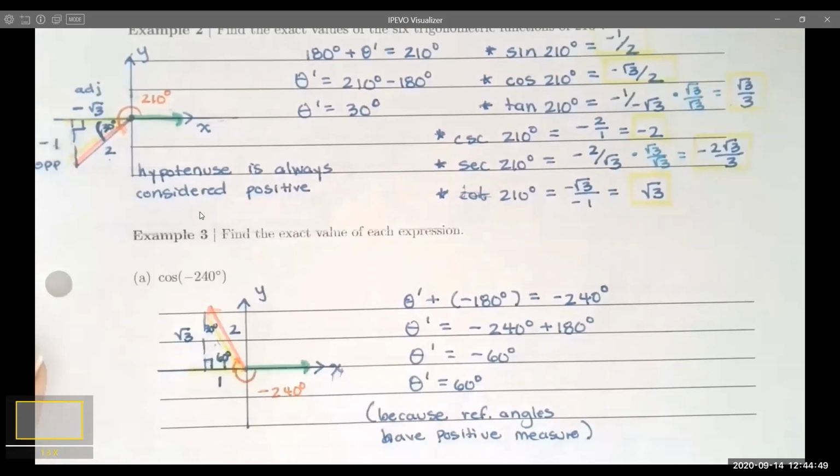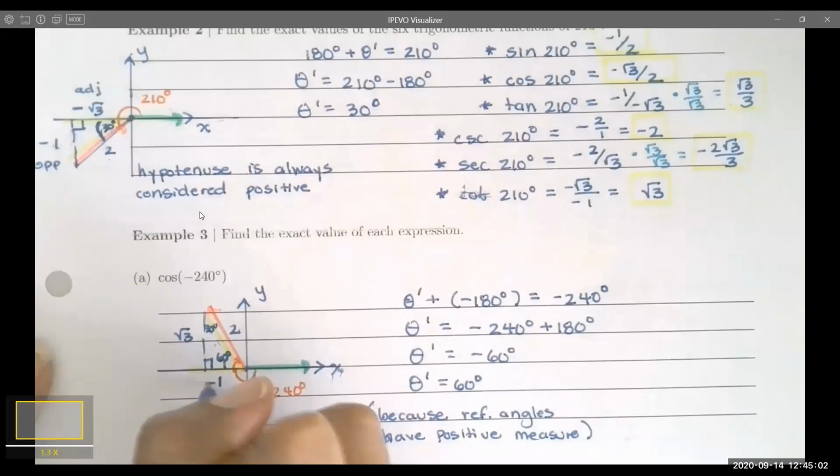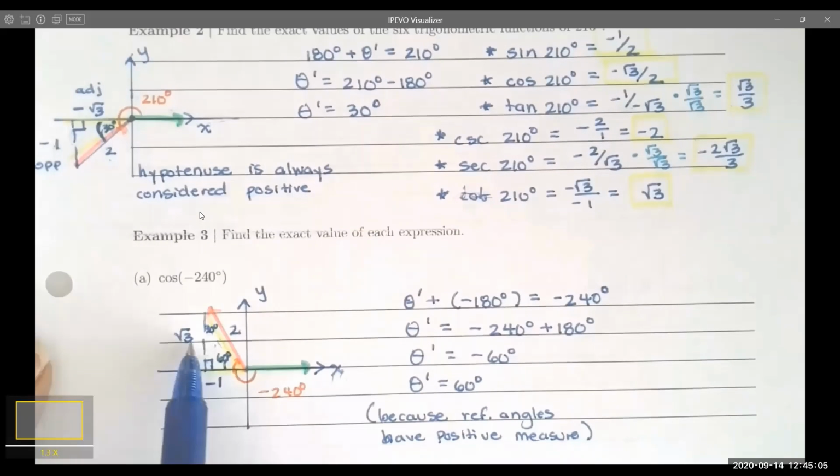And now we have to consider the signs of those sides. So hypotenuse is always considered positive. For this adjacent side to 60, it's going in the negative x-axis, so that would be a -1. For square root of 3, that's going up in the positive y-axis, so that's going to remain positive.